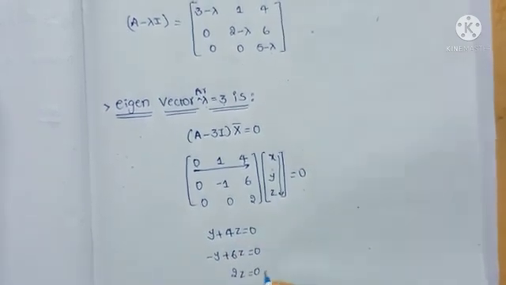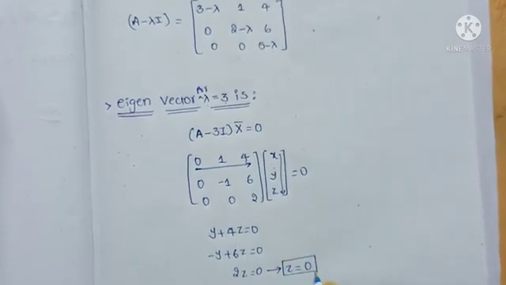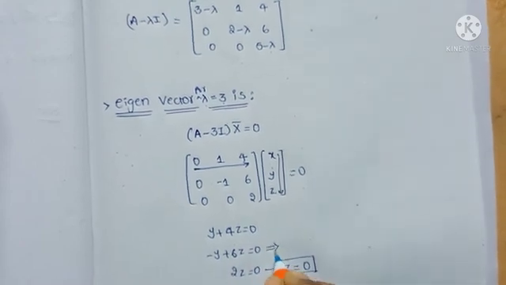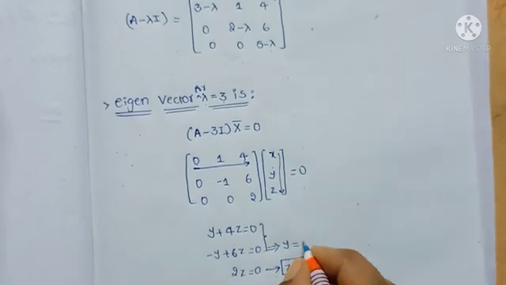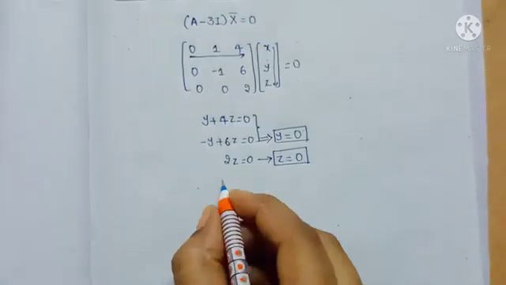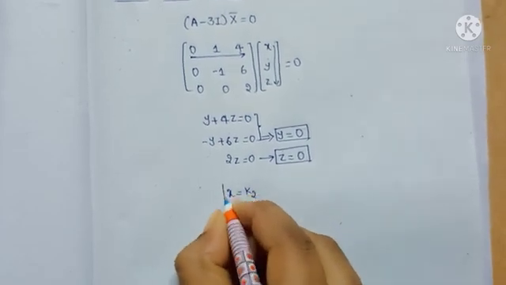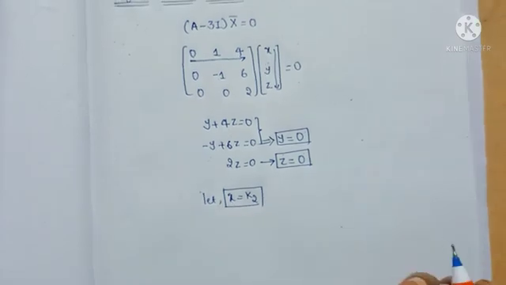From this equation we conclude z is equal to 0. If you substitute z equal to 0 in this equation, we get y equal to 0. So we are assuming the x value as a parameter k2.